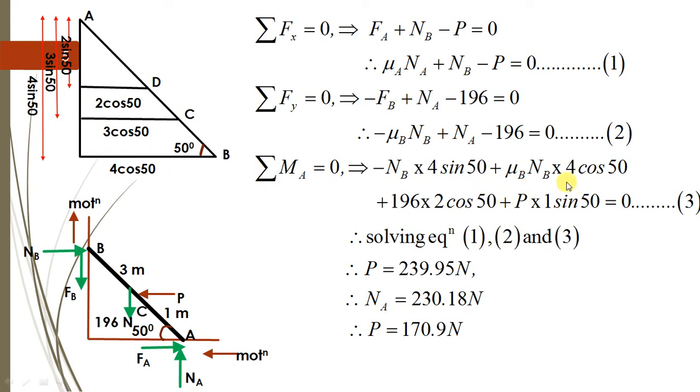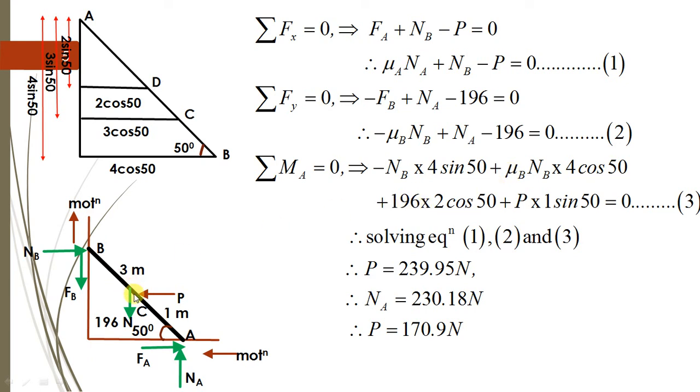So mu B NB into 4 cos of 50. Again we have to take care of the plus and minus signs. NB will create a clockwise moment about point A. Here clockwise is negative, and FB will create an anti-clockwise moment. We have assumed anti-clockwise is positive, therefore it is positive.